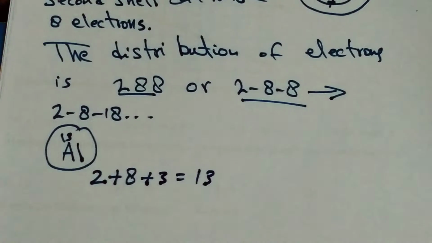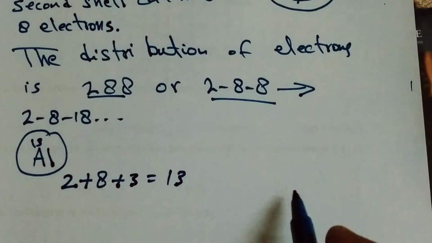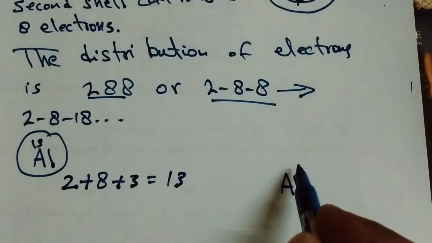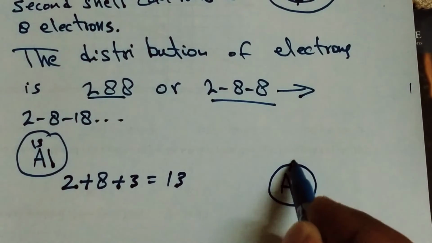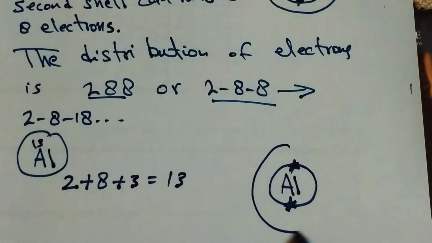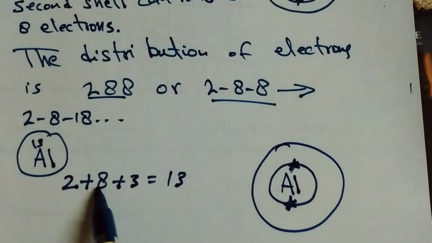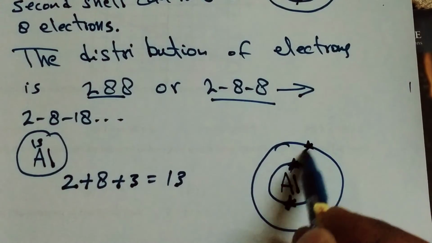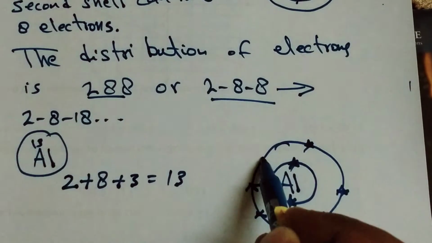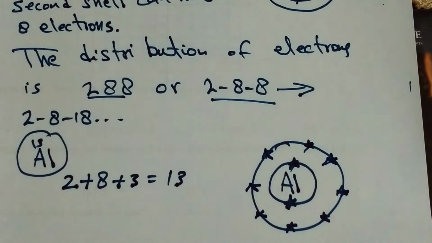So let me show you by drawing. For example, this is aluminium, this is the nucleus. The first shell will have 2, and as I told you the second one will have how many? 8: 1, 2, 3, 4, 5, 6, 7 and 8.